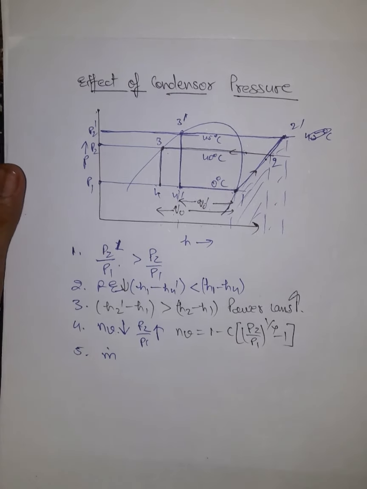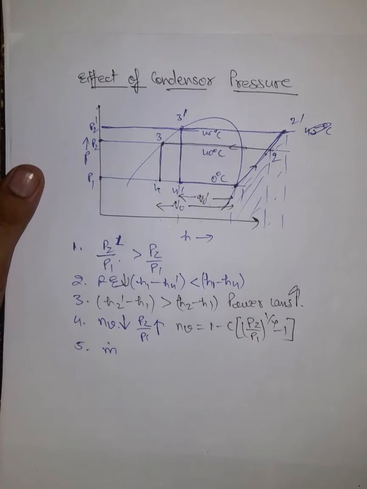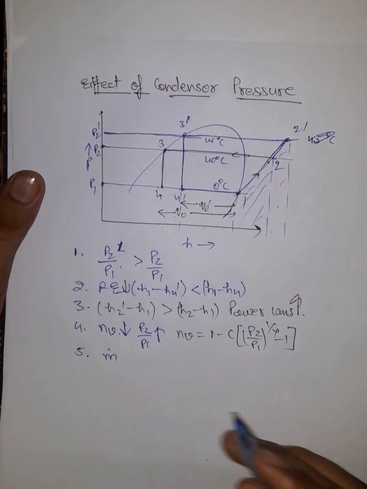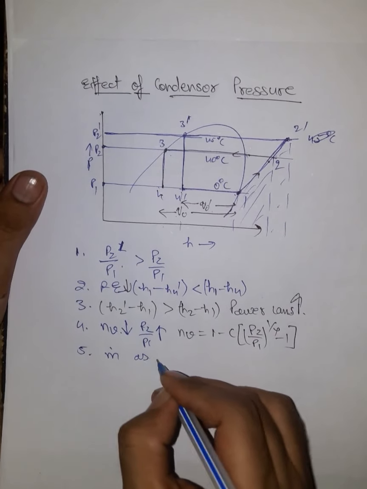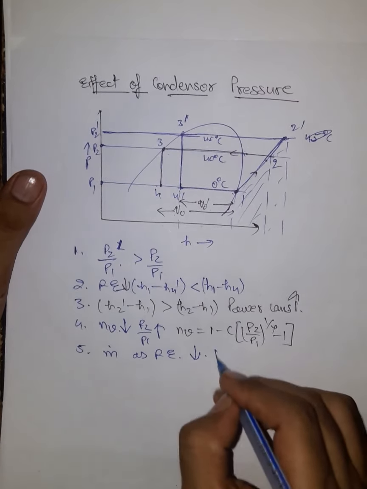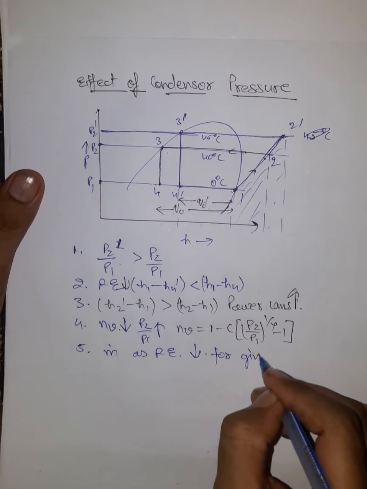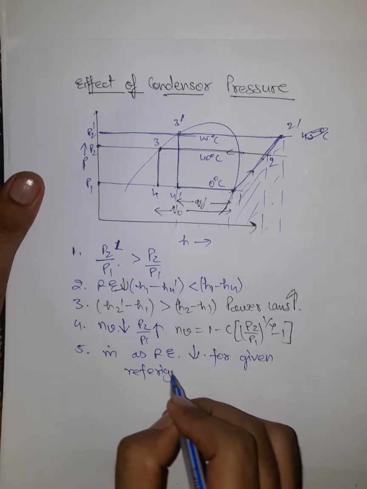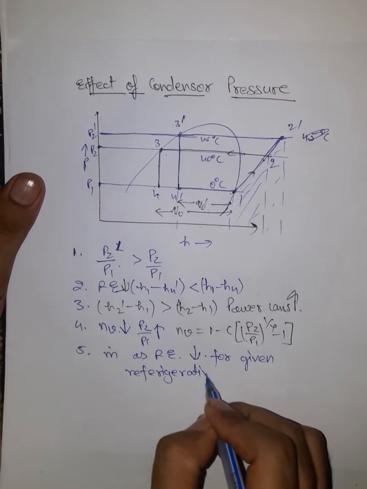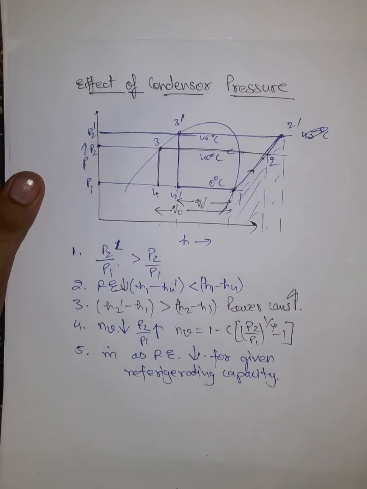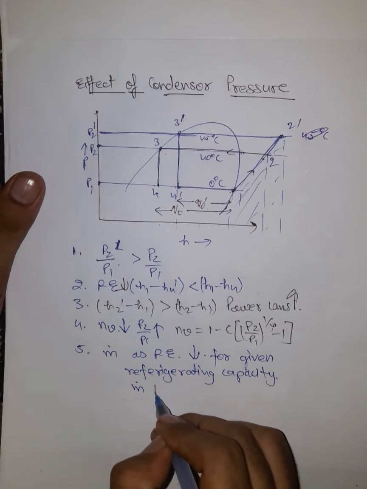So a decrease in the refrigerating effect naturally means more refrigerant needs to pass through. So as the refrigerating effect decreases, for a given refrigerating capacity, the mass flow rate increases.